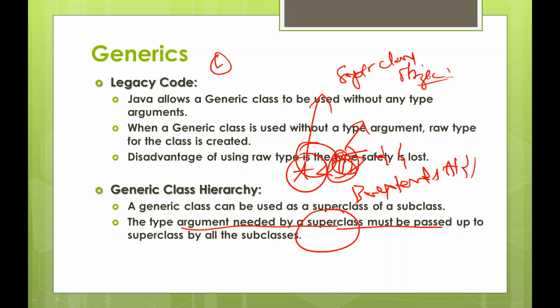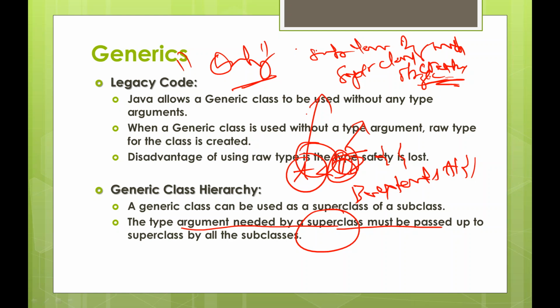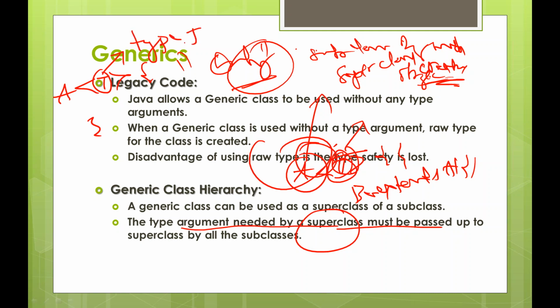Only after your superclass object is created, your subclass object will be created. So that is why, if you have a generic subclass, you must pass the type information to the superclass in order to create the superclass object before your subclass objects are created.